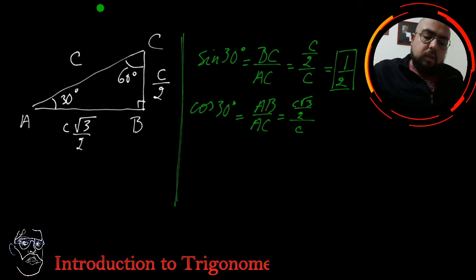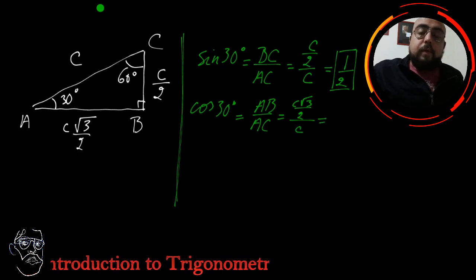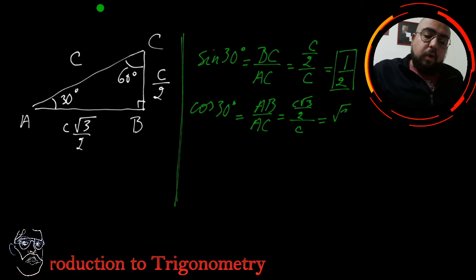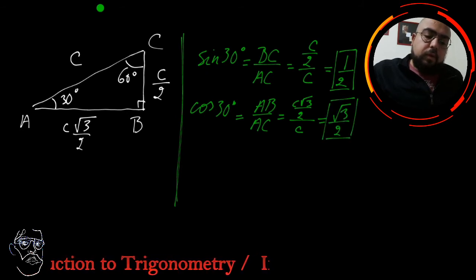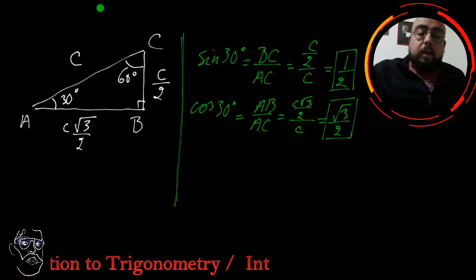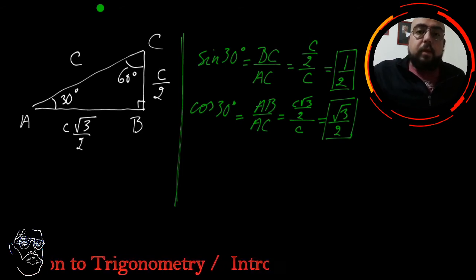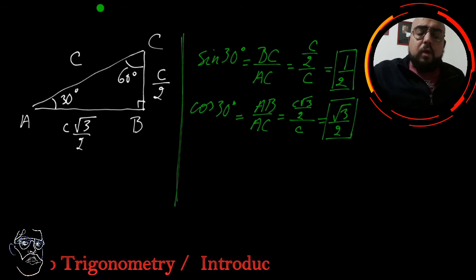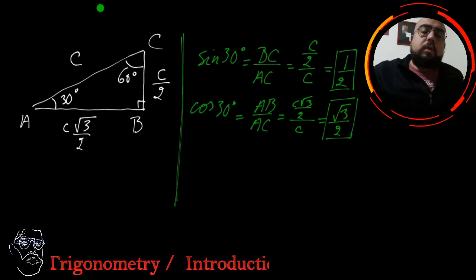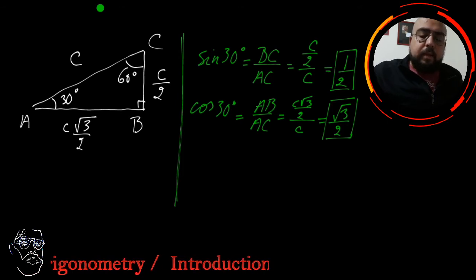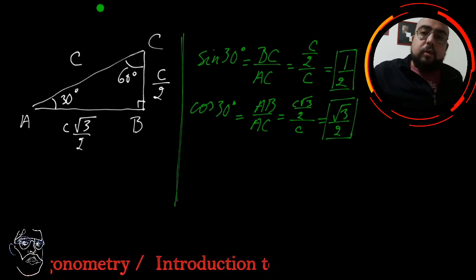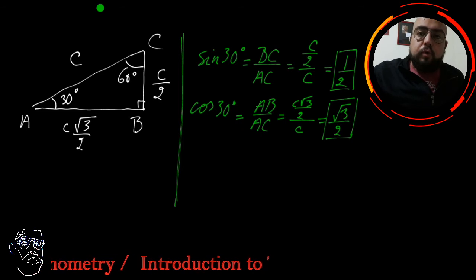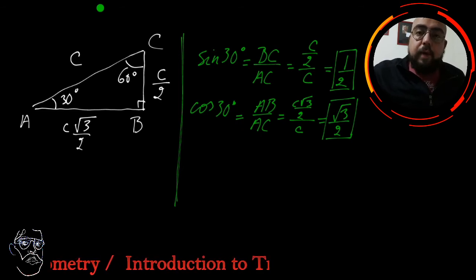AC is C. So the final answer will be square root of 3 over 2. Of course, once you do those calculations by using the calculator, it will give you a certain value, which is 0.8, etc. So that's, of course, not the exact value, just like square root of 3 over 2. This is the exact value.